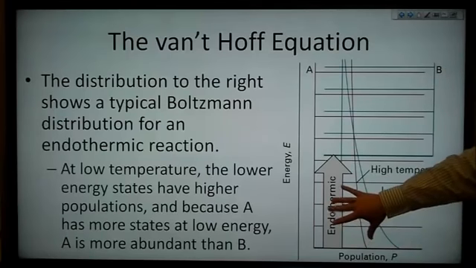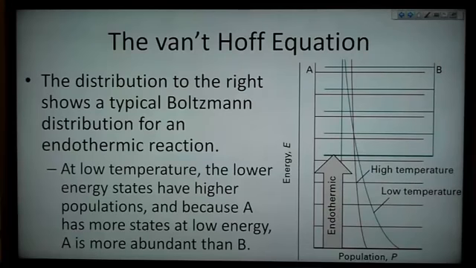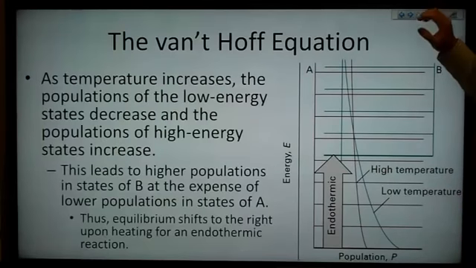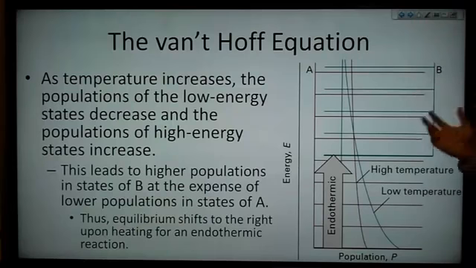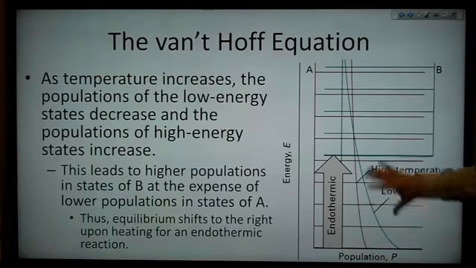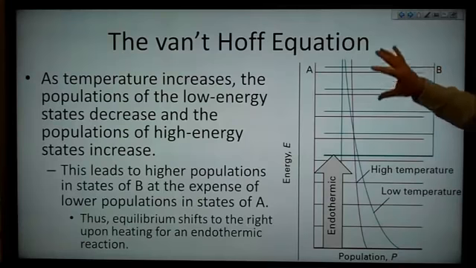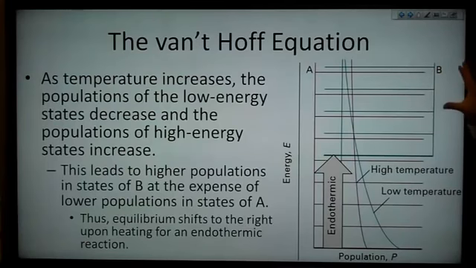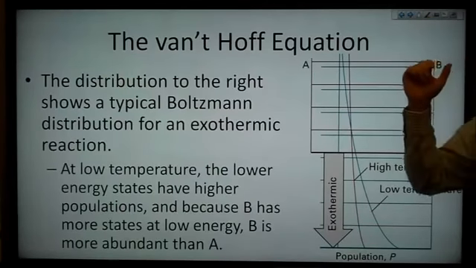So we're decreasing the population that is in A and putting more of our population up into the states that are B. Again, as the temperature increases, the populations of the low energy states are decreasing and the populations of the high energy states are increasing, which means higher population states in B at the expense of some population of A. That means we're removing some of our A and getting more of our B, so our equilibrium position has to be shifting to the right when we heat it, again for an endothermic reaction.